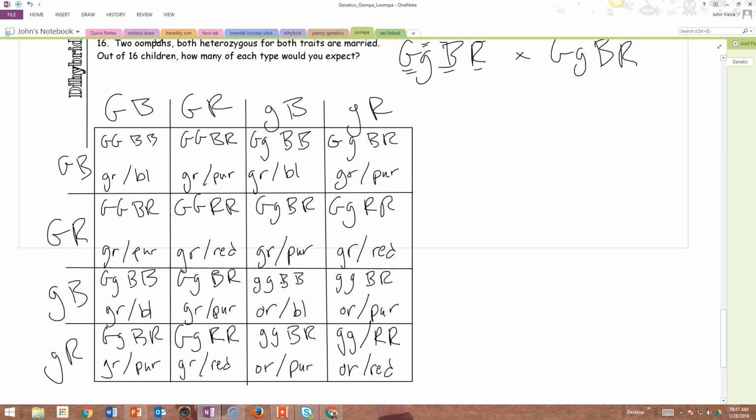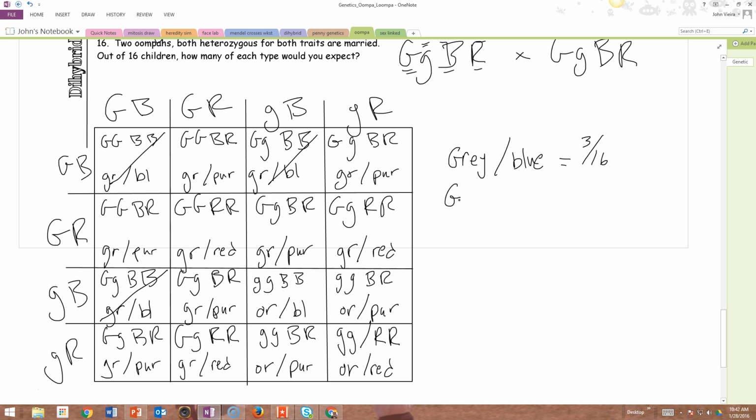All right, so now that we've filled in the Punnett square, you're going to look at the different types that you have. So how many gray-faced, blue-haired children did you have? So gray-faced, blue-haired. 1, 2, 3. Right? So that's 3 out of 16.